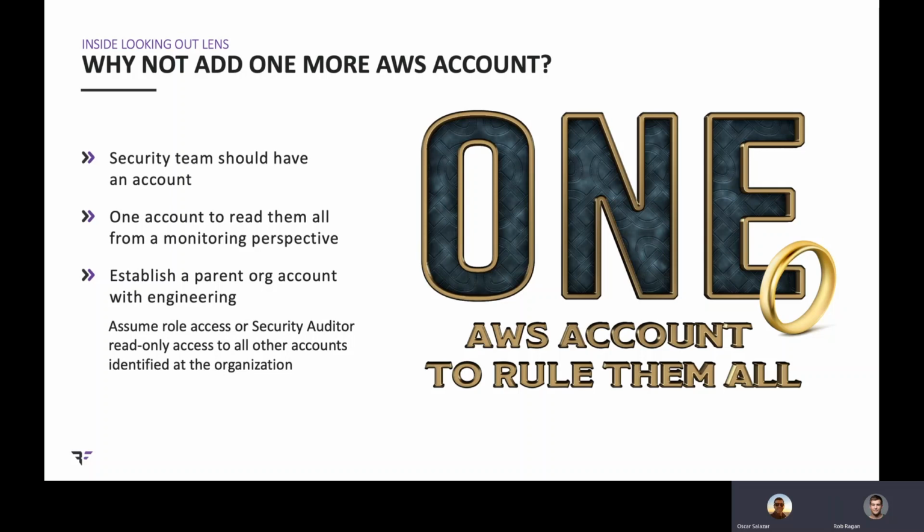And so we have one account that is associated with all of the organization's accounts, and we're able to get a temporary set of keys associated with each one of those accounts to pull this data out and add it to the asset inventory.